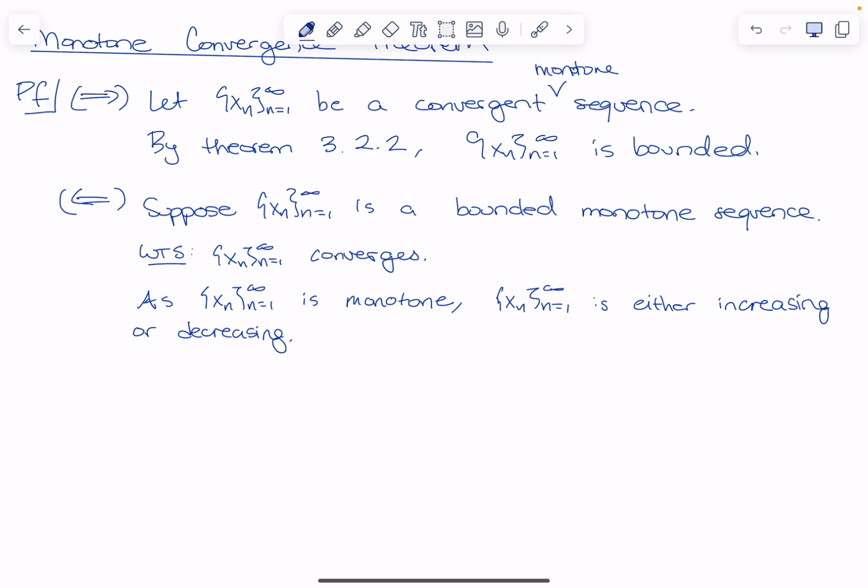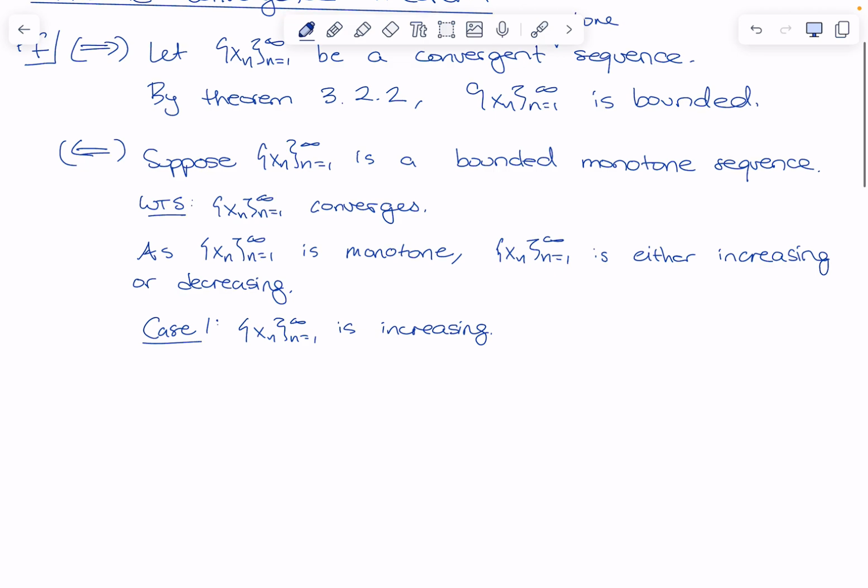So we're going to have two cases here. Case one, our sequence is increasing. So we know it's increasing and bounded.